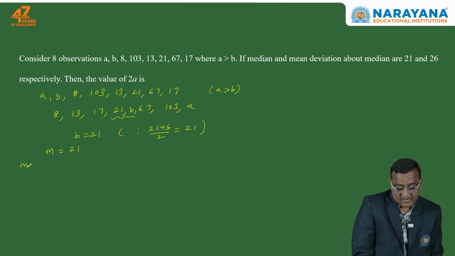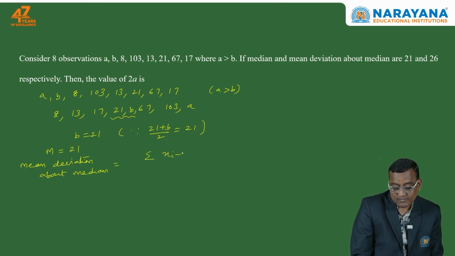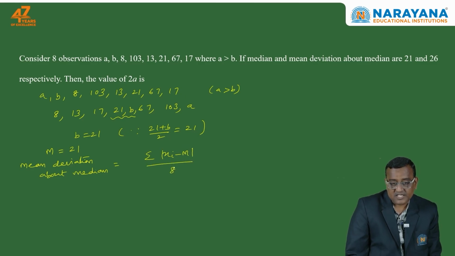So, mean deviation about median is sigma modulus of (xi minus M) by the total number of observations. Here it is 8. Now, subtract each observation from the median and equate that to 26.